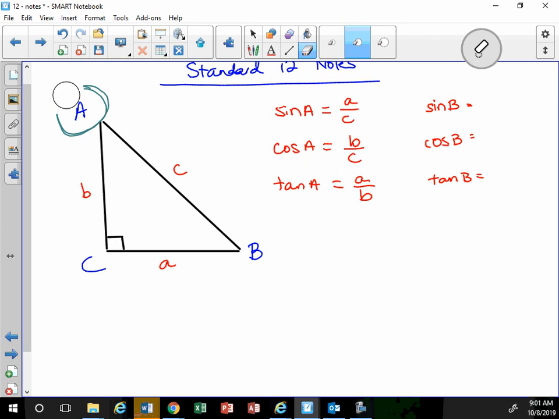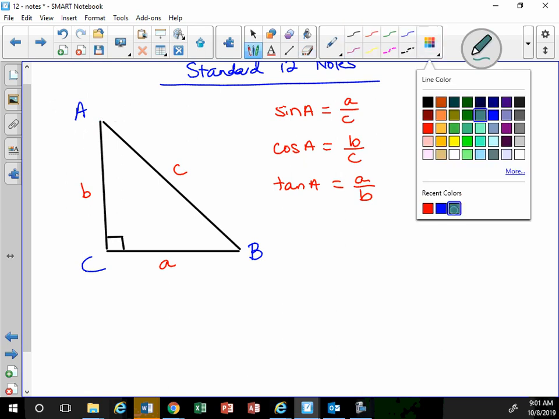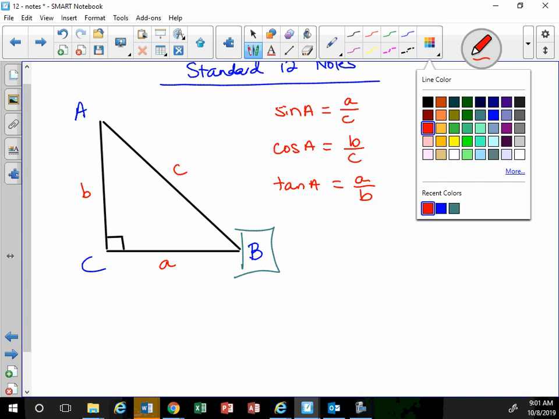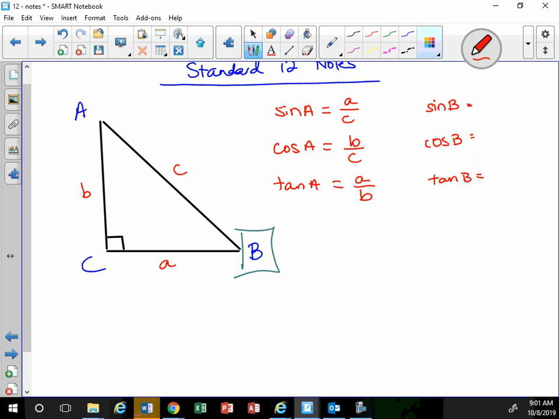All right, so then if I switch and I'm no longer looking at angle A, and I go down here and look at angle B, what's the sine of angle B? B over C. Good. What about the cosine?